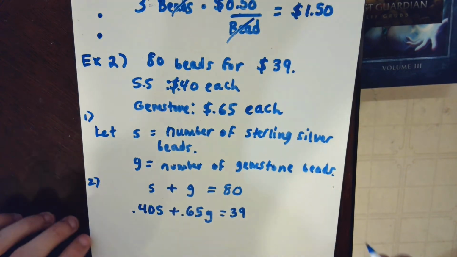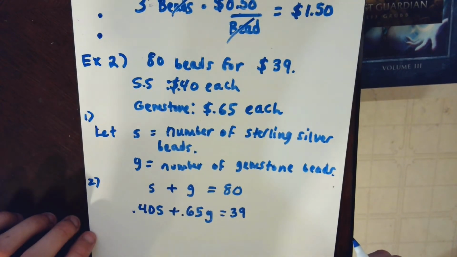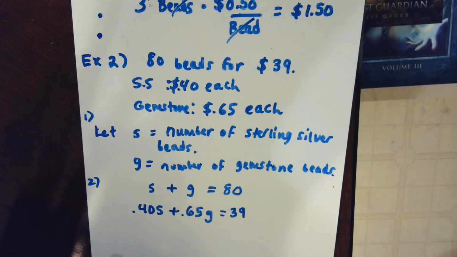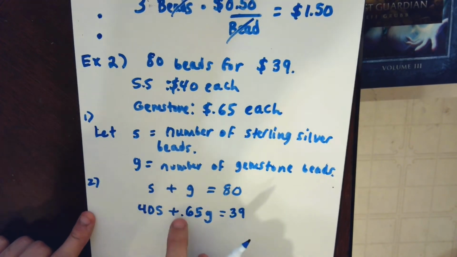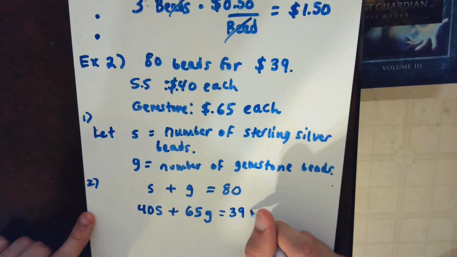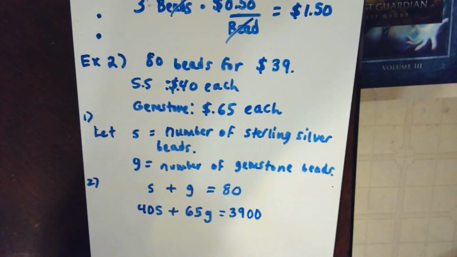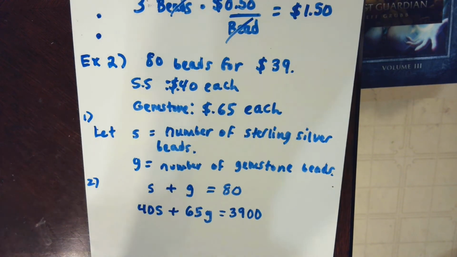So note that we can just take this second equation and multiply the entire thing by 100. What that will do is essentially move this decimal place 2 places to the right, which will mean this disappears, and then this gets 2 zeros added to it. So I just took the second equation, multiplied it by 100. That makes things a little bit nicer.